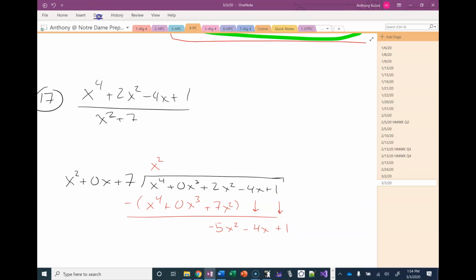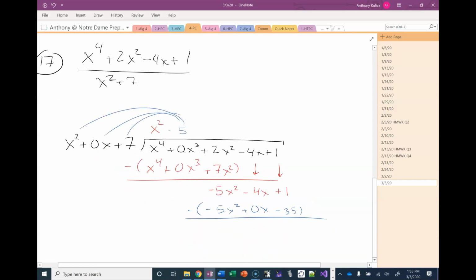Okay so far, David? Yeah. Okay. Now I'll ask myself, what times x squared gives me negative 5x squared? Negative 5. So I'll multiply that to all the pieces. Oops, 35. And then I'll subtract down.